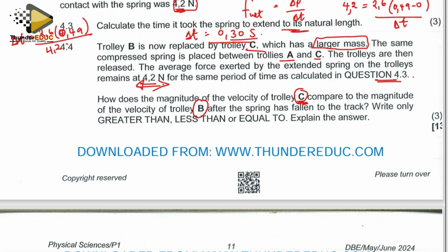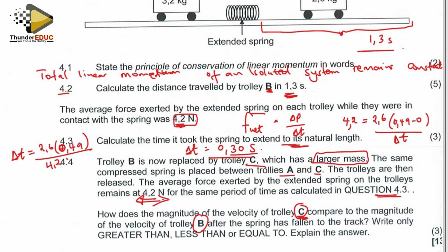Okay, let's see. The question is asking for velocity. One thing we know is that the force is the same, and we know that force is directly proportional to the mass as well as the acceleration. But since the trolley is stationary and we are applying it to a heavier mass, what do you think the logic would be?